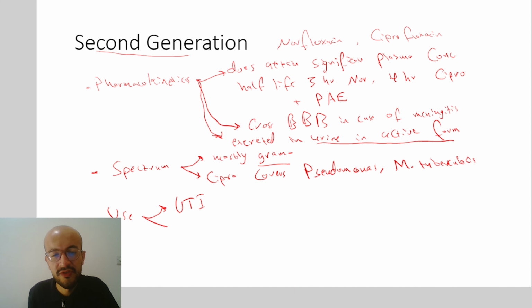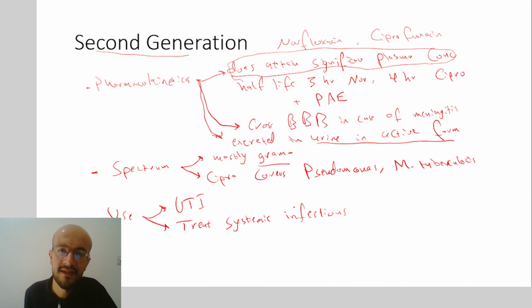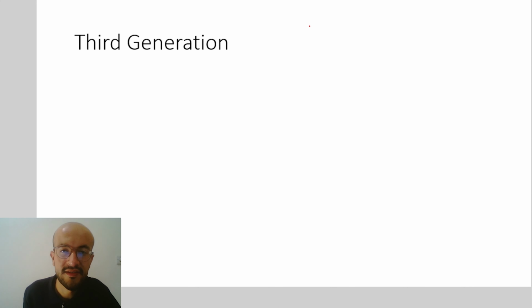It is also used to treat systemic infections, because it does attain significant plasma concentration, so it could work on any systemic infection caused by a gram-negative microorganism. Now let's talk about the third generation, and we have levofloxacin as the third generation of the quinolones.